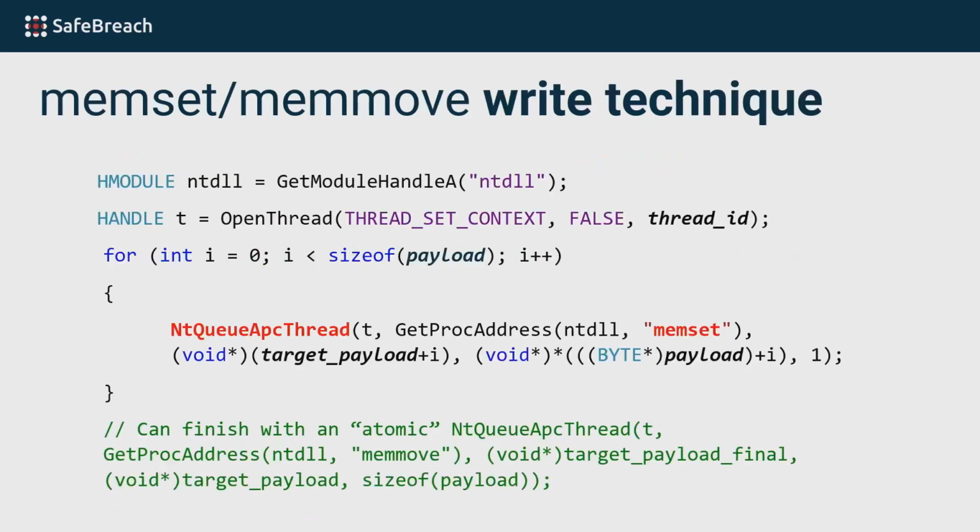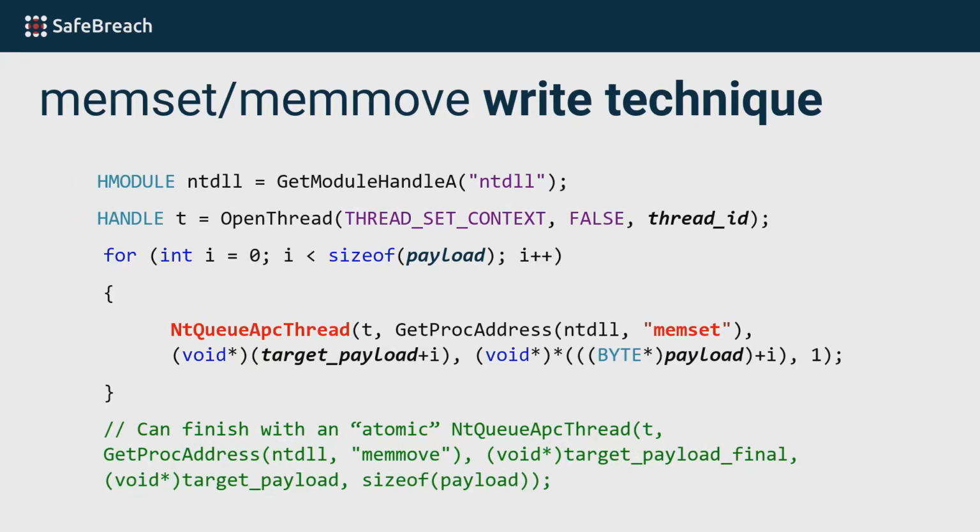And now, finally, we move to our own little set of new techniques. We first describe a memory writing technique using memset and memmove, which has some very interesting properties. What we do here is, assuming that we write our data to the destination, to the target process, byte by byte using memset and invoking memset in the target process using NtQueueApcThread.